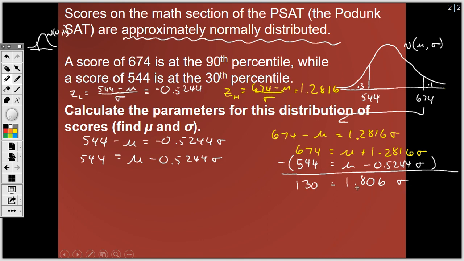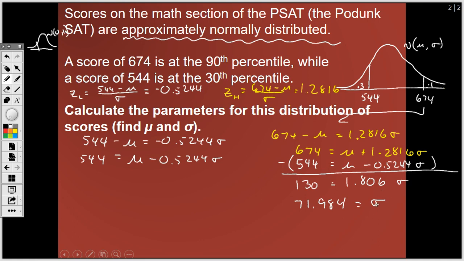Now I, again, have all those digits in my calculator, but I got that there. And then I'm going to do 130 divided by what my answer just was. And I have 71.984 equals sigma. There is my standard deviation.